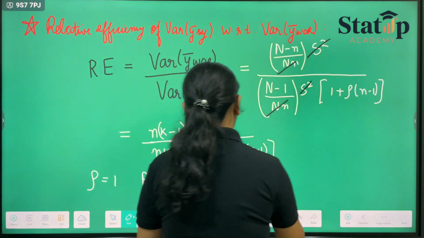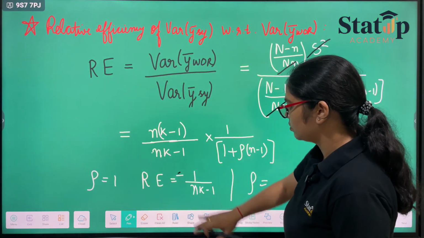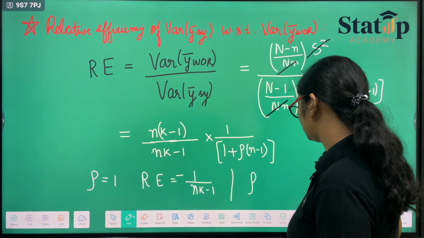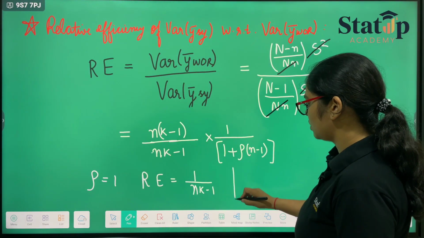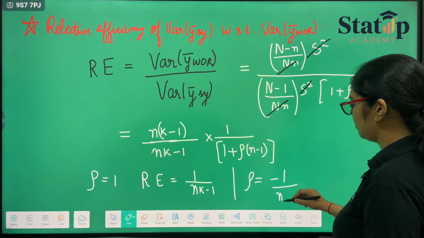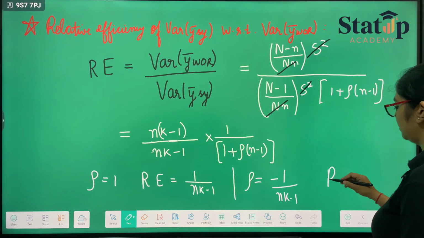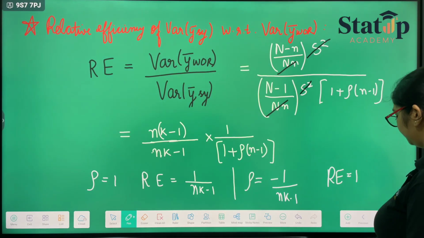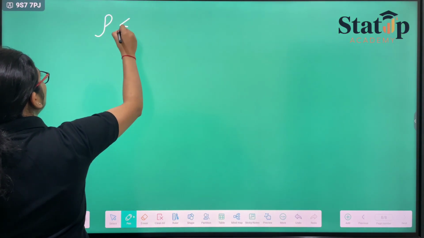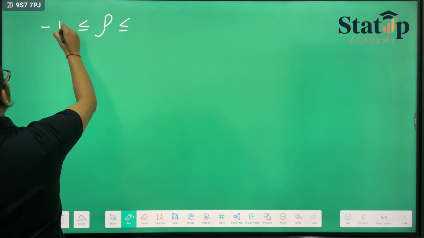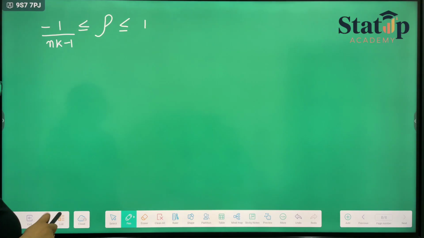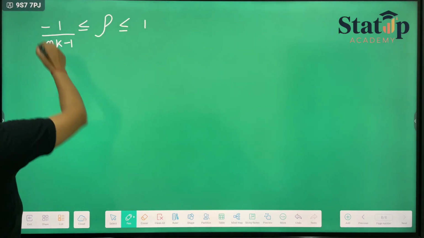And if we put rho equals to 1 upon nk minus 1, we will get relative efficiency as 1. So rho lies between minus 1 upon nk minus 1 and 1. These are the limits of rho.